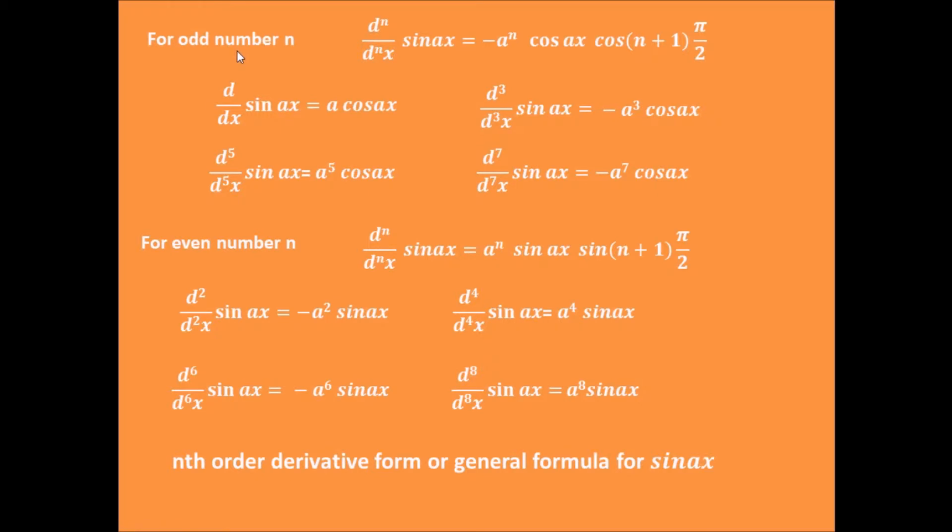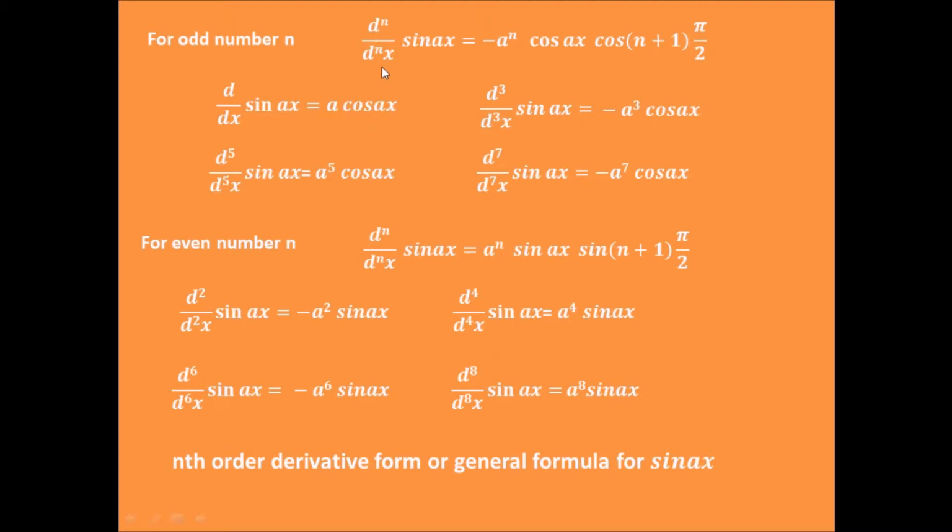So we can make a reasonable assumption that for the odd number n, the nth order derivative of sine ax equals minus a to the power of n times cosine ax times cosine of (n plus 1) pi divided by 2. We can verify this assumption by using our previously determined 4 derivatives, such as the first order derivative of sine ax, where we have a cosine ax.